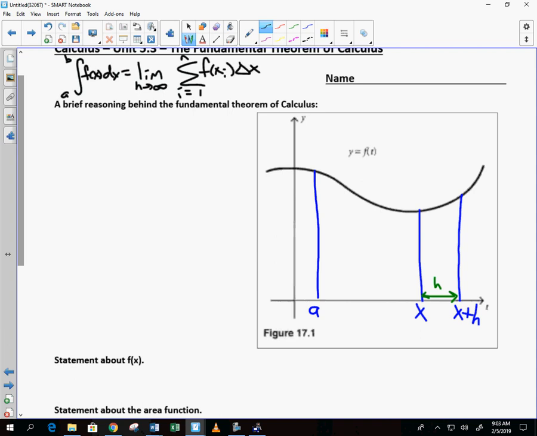Remember that? What does this thing mean right here? The sum. And that's actually where the integral symbol came from. When you see this, you think of the letter S, right? So it's like an elongated S.